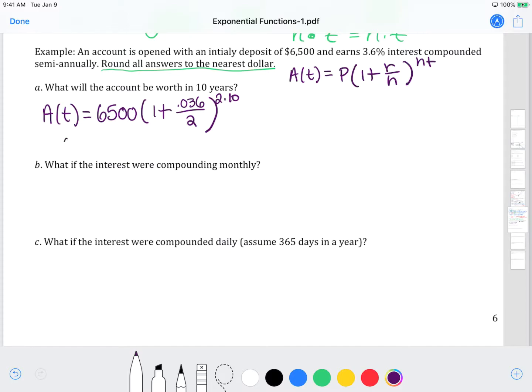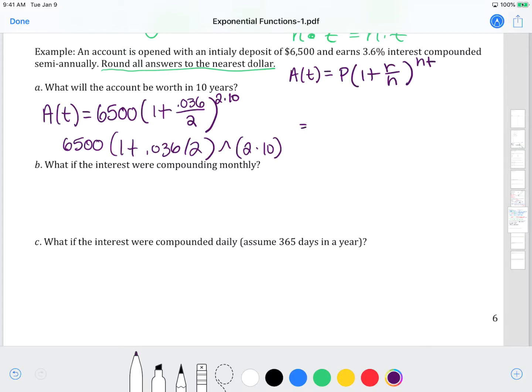So when I go to put this in my calculator, I want to put in the 6,500, then parentheses 1 plus 0.036 divided by 2, and then raise it to the power of, now you can either put in 20 and do the arithmetic yourself, or if you want to put it in as multiplication, make sure you put parentheses around it so the calculator knows that you're raising the power to 2 times 10 and not just the 2.